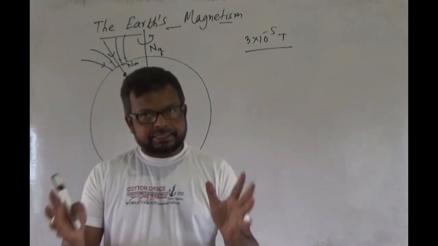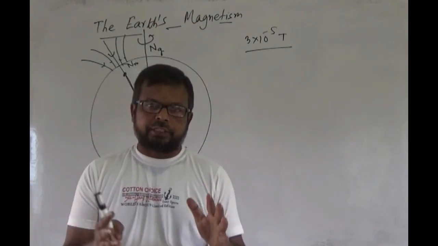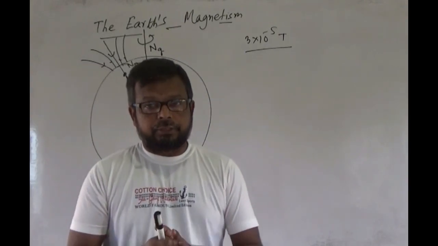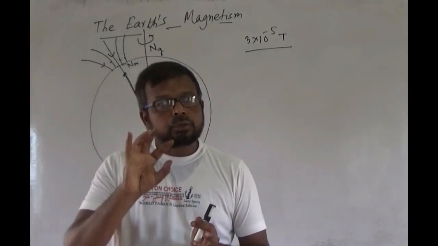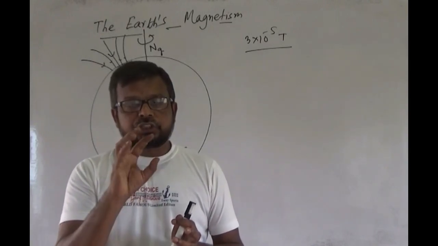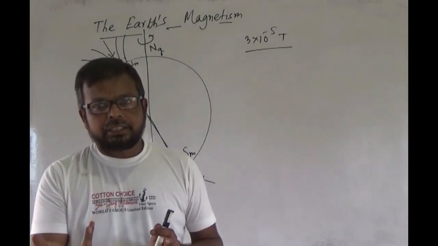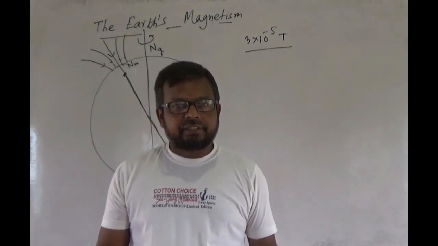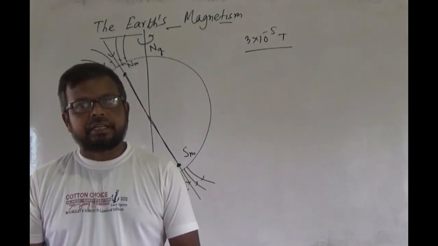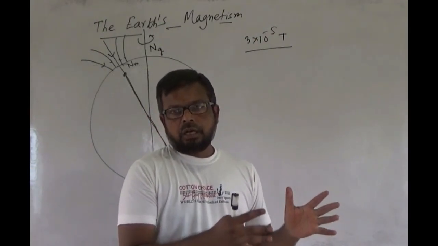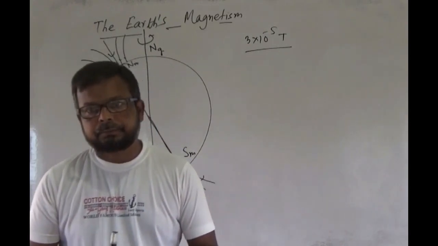See here, inside the Earth there is a molten fluid, rather a charged molten fluid, and Earth is rotating. So this charged body is also rotating, and that sets up currents, and due to that current there is magnetism, and that is the reason of Earth's magnetism. And this effect is called the dynamo effect.